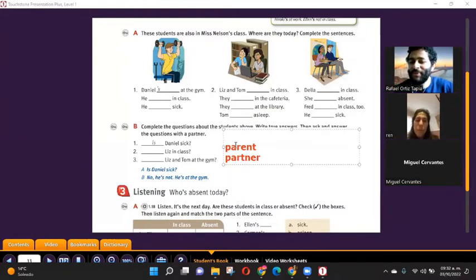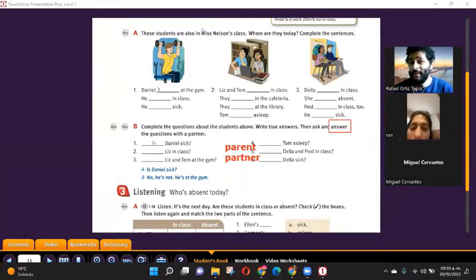How would you pronounce this one? Parent. And that one? Partner. Exactly. Be careful with the T. You need to include the T. Partner. And how do you pronounce this word? Answer.